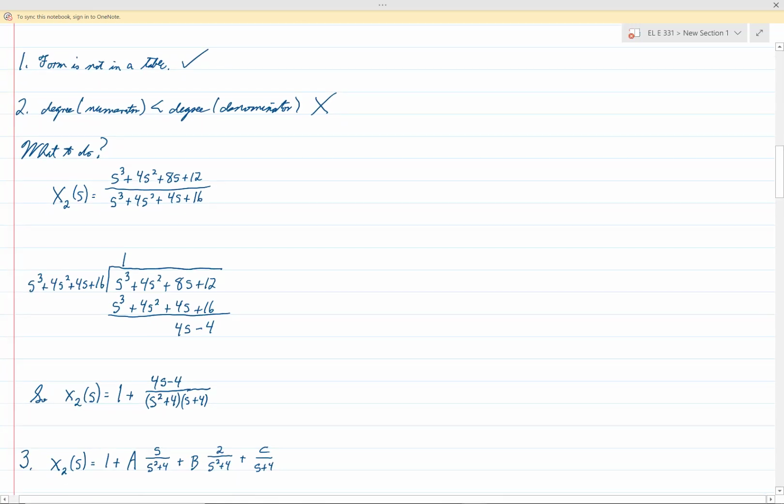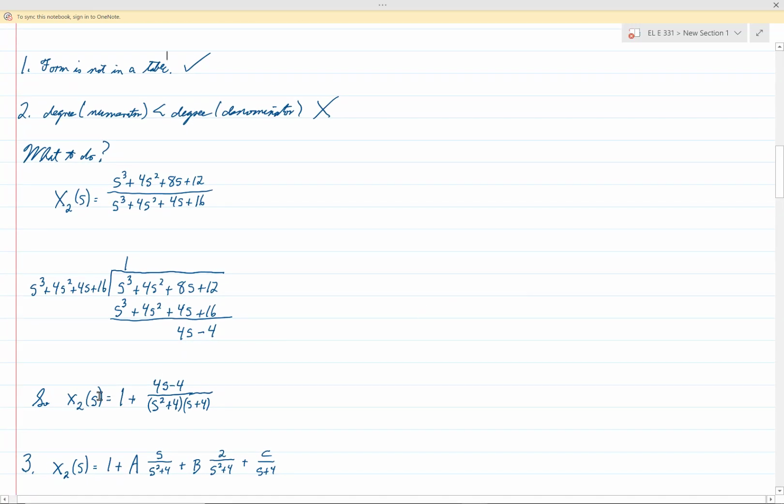So x2 of s is equal to this number, 1, plus the remainder, 4s minus 4, divided by s cubed plus 4s squared plus 4s plus 16, which is the same thing as s squared plus 4 times s plus 4.